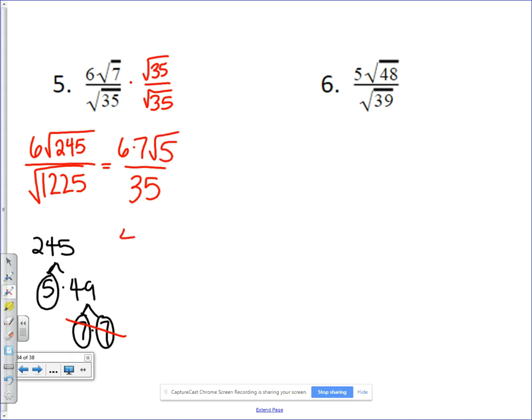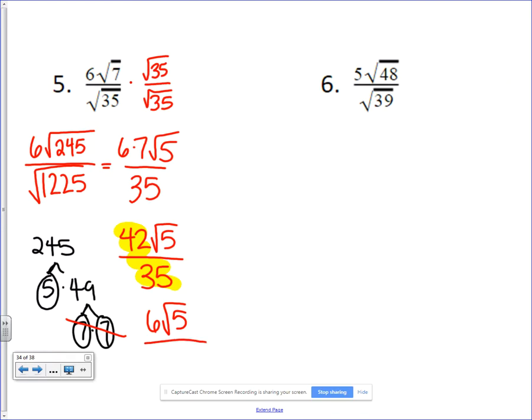So 6 times that 7 is 42 radical 5 over 35. Now again, remember, we have to try and reduce this. 42 and 35 are both divisible by 7. So this will be 6 radical 5 over 5. When you divide 42 by 7, you get 6. When you divide 35 by 7, you get 5.